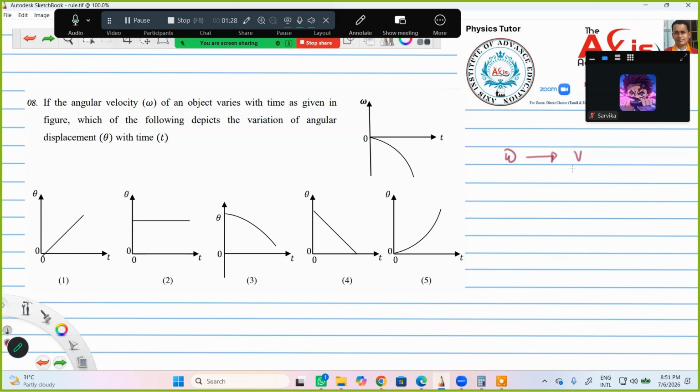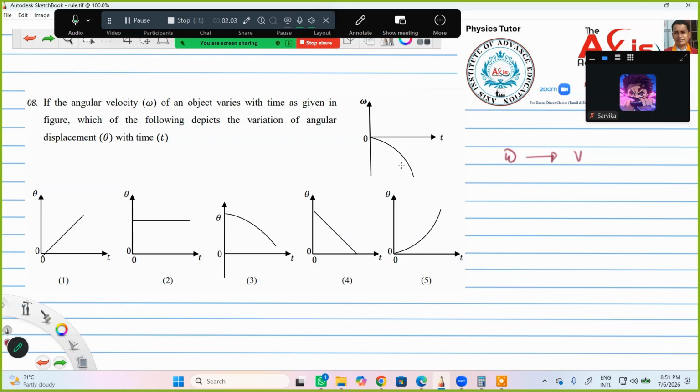As we know, the gradient of the s-t graph is the velocity. What is happening to the velocity that we have to explain? The velocity is increasing from zero to a negative value.